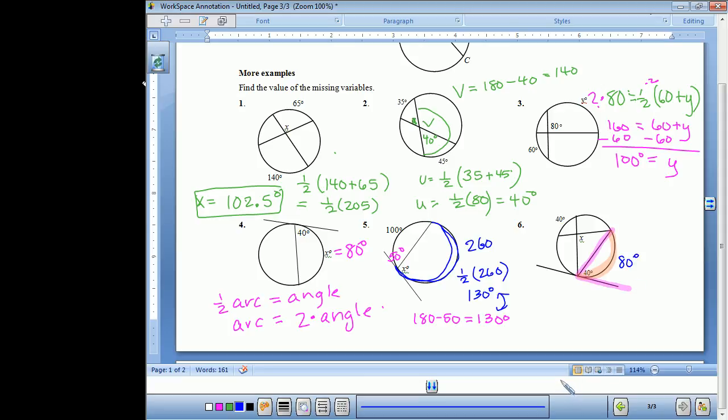Now that we have the 80, we should see that this angle x would have to be half of the sum of this arc and this arc that we just found. So we'd say that x equals 1/2 (40 + 80), and 40 plus 80 is 120. So half of 120 is 60 degrees.